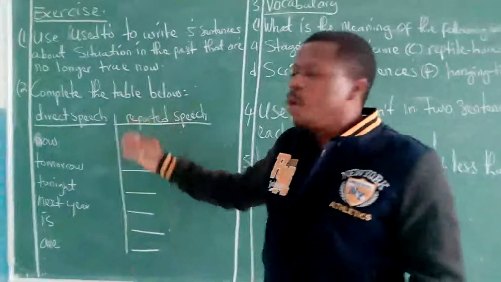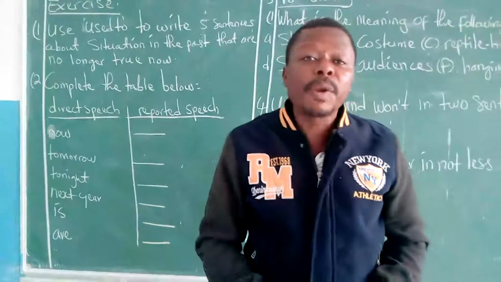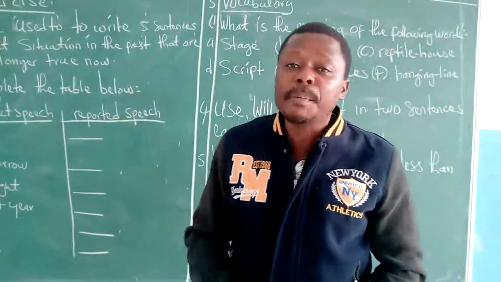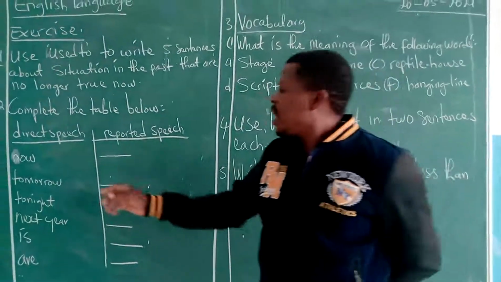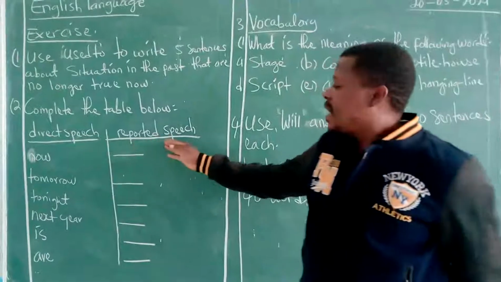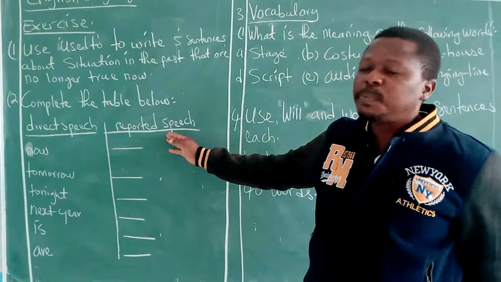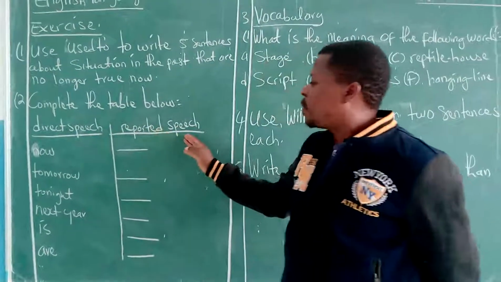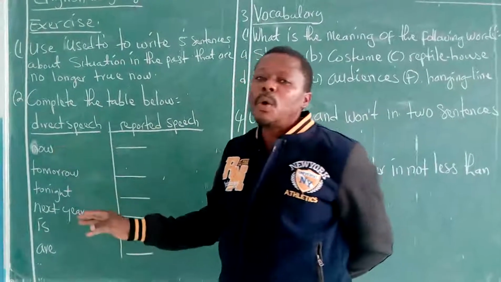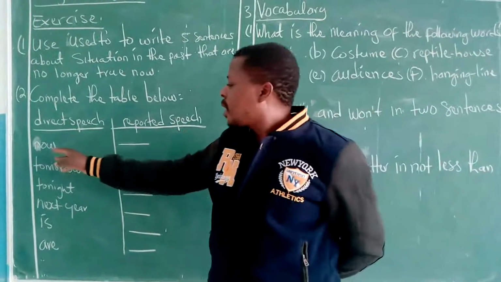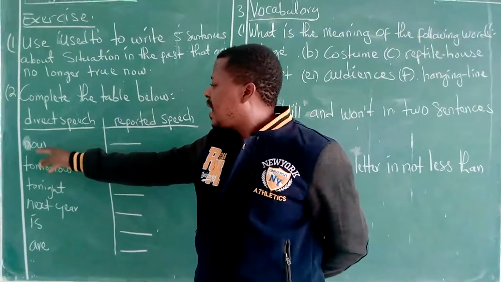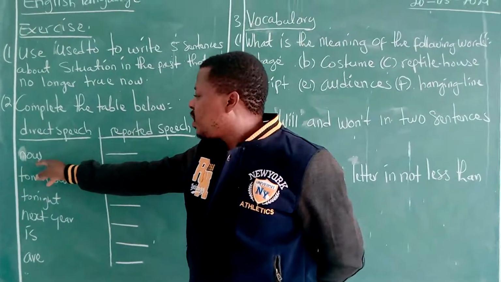Let's go to question number 2. Complete the table below. The table below is on direct and reported speech. We see here we have direct speech, and here we have reported speech. You saw the changes that occur when we are moving from direct speech to reported speech. So what changes occur when we say now in direct speech?